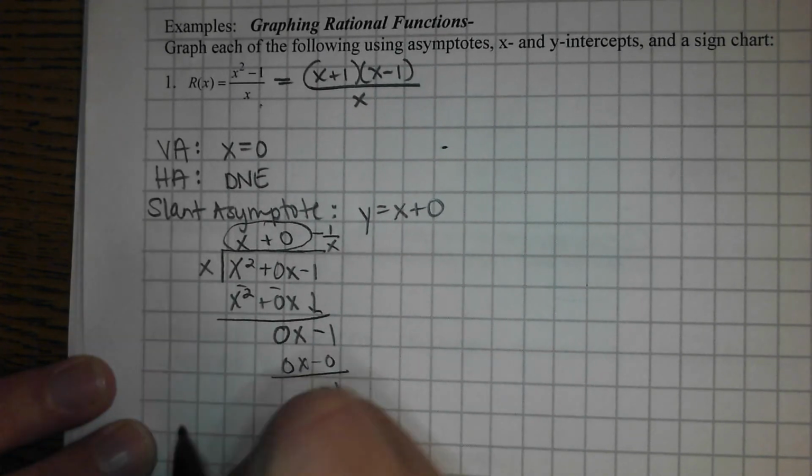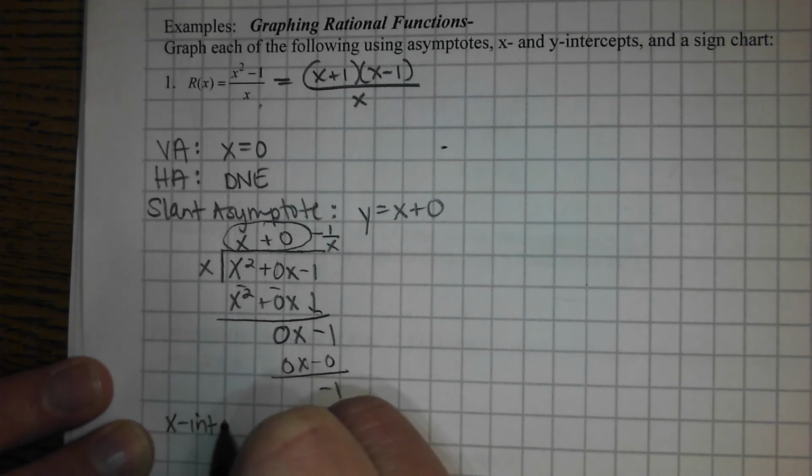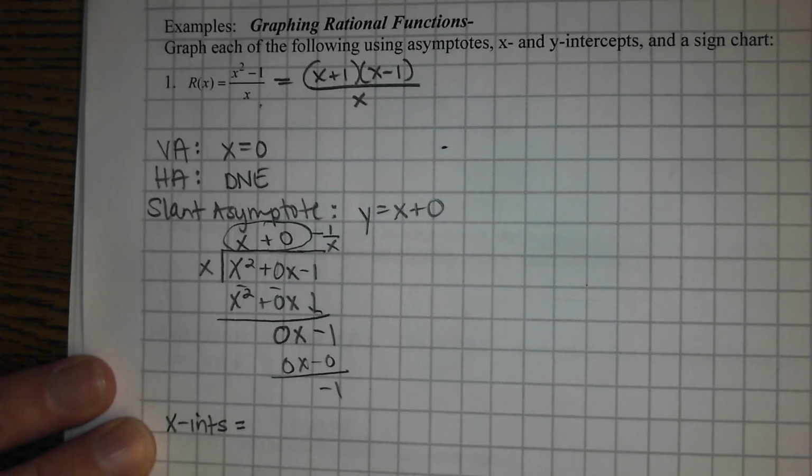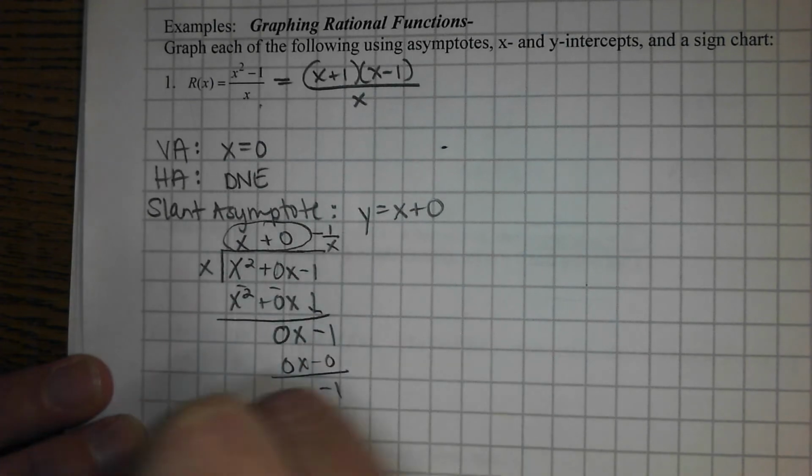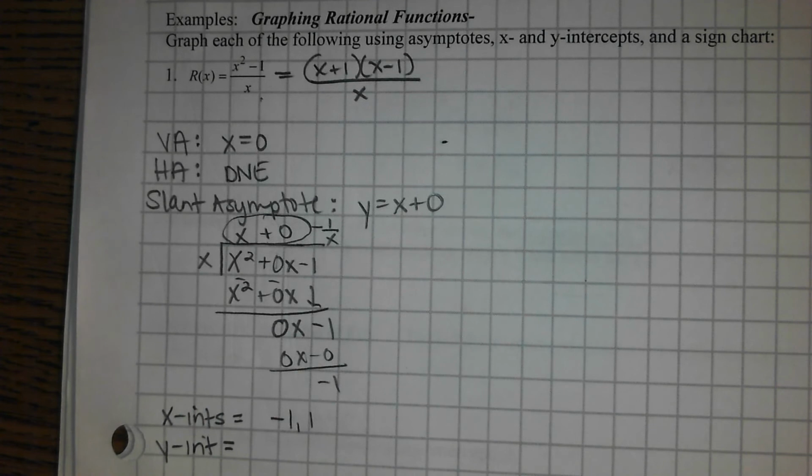Your x-intercepts come from the numerator. What are they? -1 and 1, good. And my y-intercept comes from plugging in 0, which is what? Does not exist.